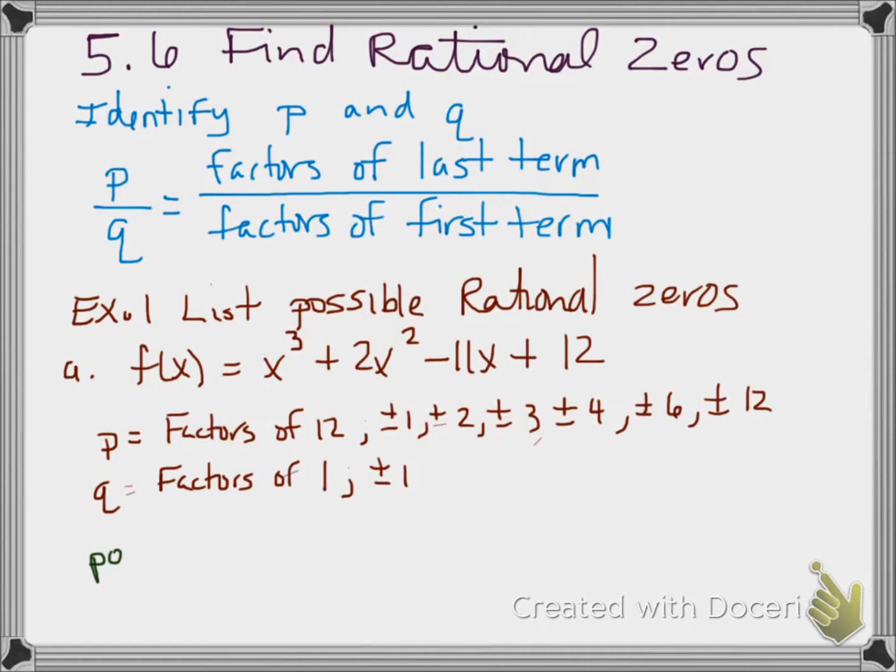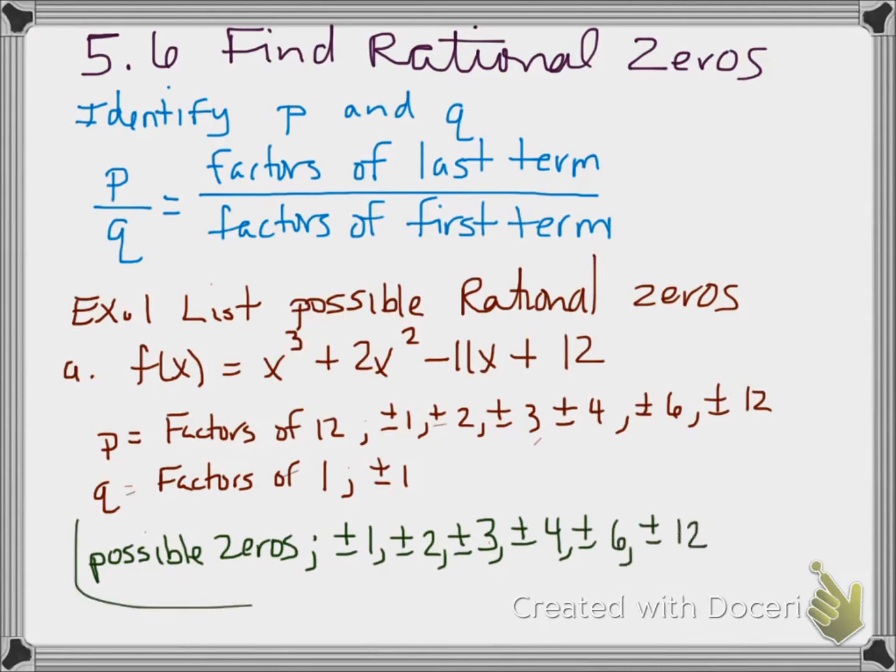Now, in order for you to actually find the possible rational zeros, you need to put the P's over the Q's. In this case, since your Q is just 1, it's pretty simple. It's just going to be a positive or minus 1, a positive or minus 2, a positive or minus 3, a positive or minus 4, a positive or minus 6, and a positive or minus 12.